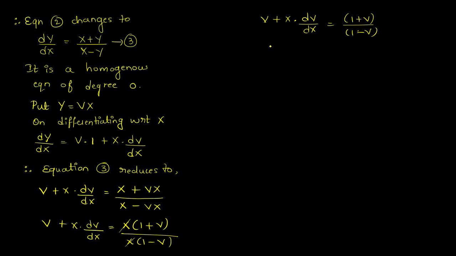So now we have it in the simplified form, and we know that this is the equation in terms of v and x, we need to try to separate the variables. So how do you separate the variables? We need to take v terms on one side and the terms in x on the other side.